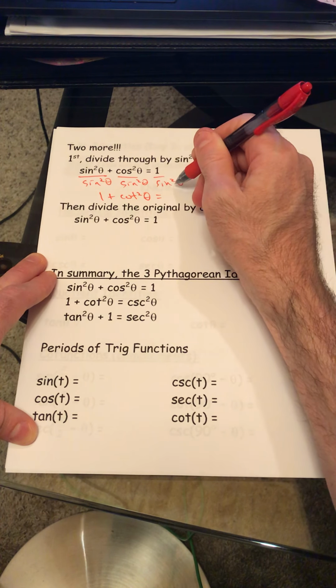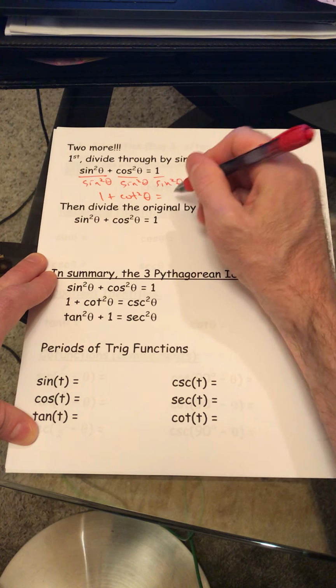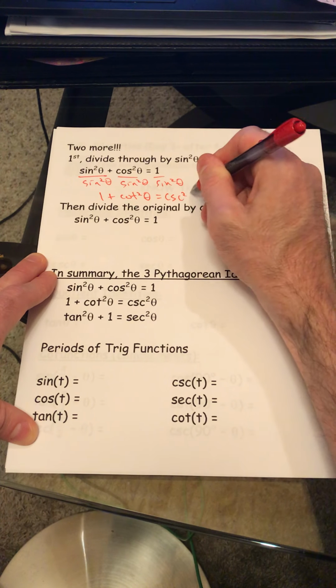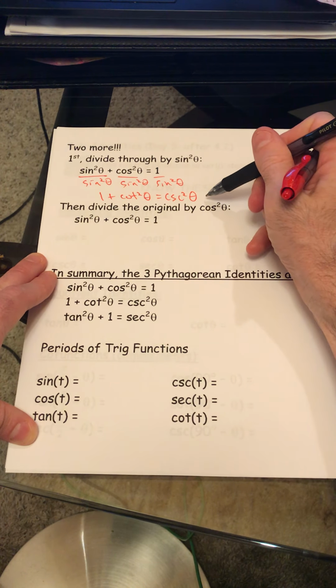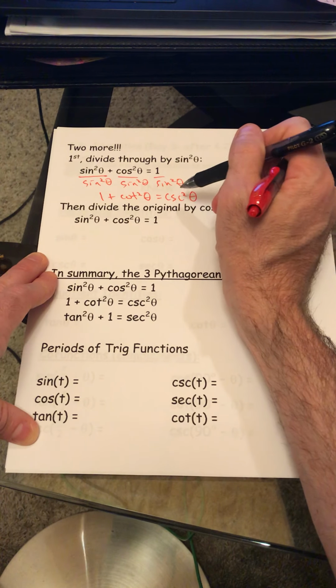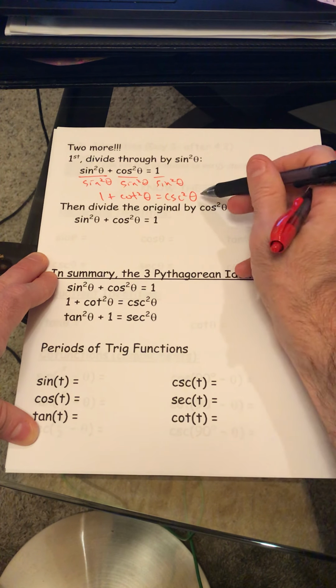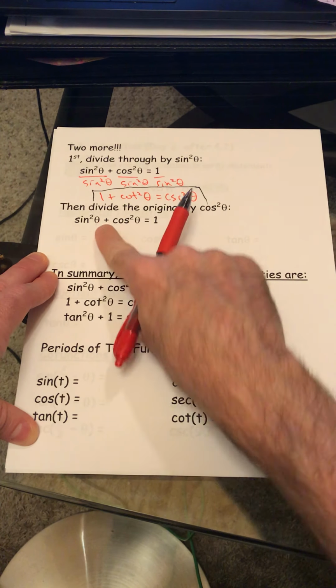And then 1 over sine squared, going back to your reciprocals, 1 over sine is cosecant. I will tell you, I do not have these other two memorized. I mean, I know sine squared plus cosine squared equals 1. Because I can derive the other two, you really don't need to memorize this one or the other one.